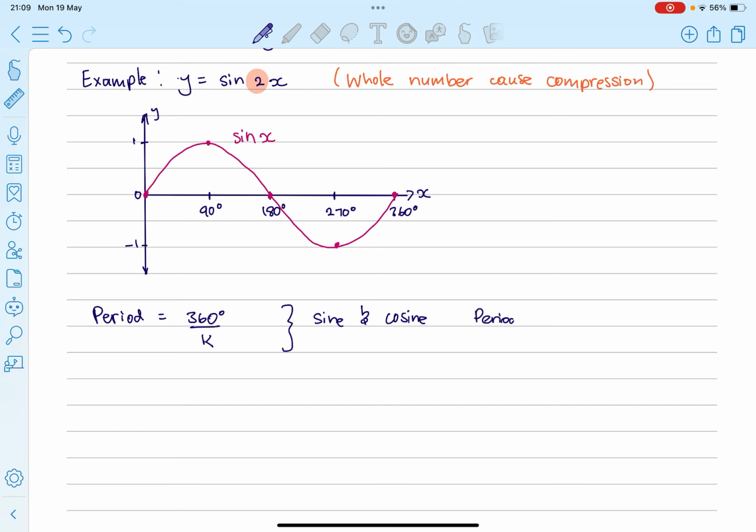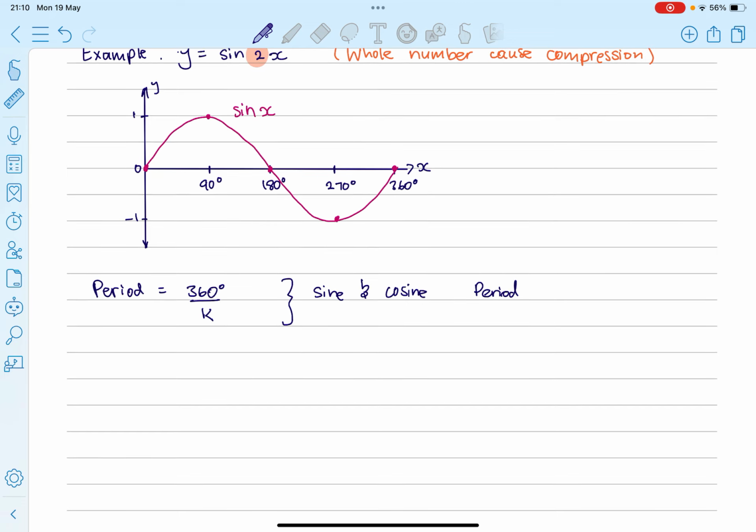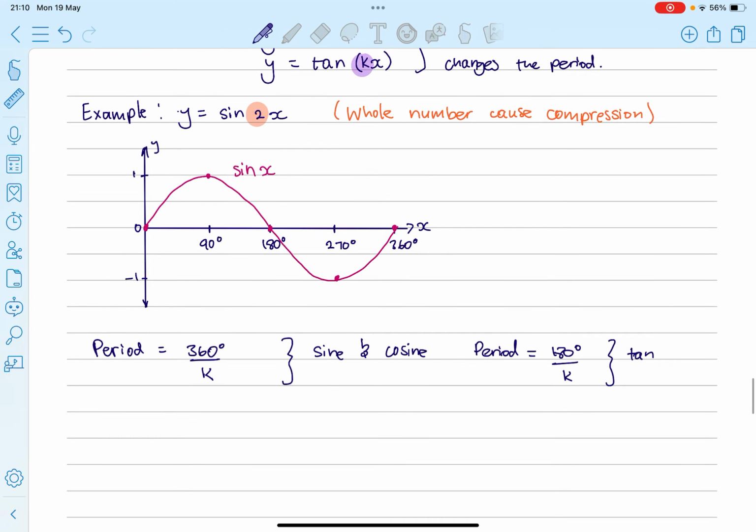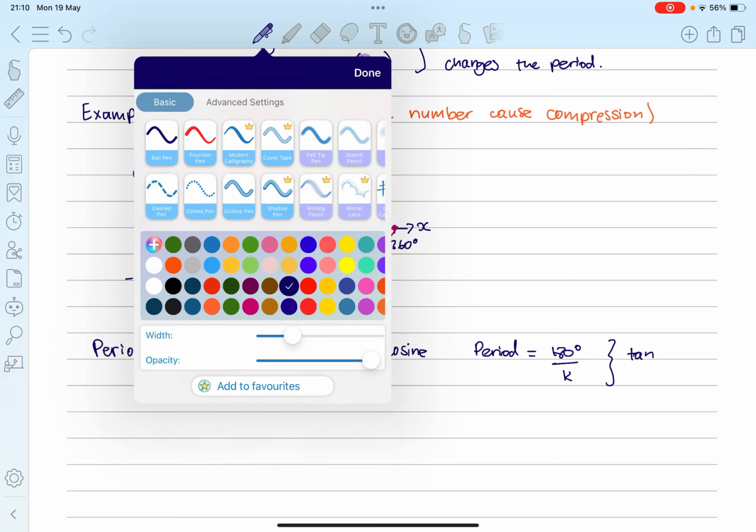And then for tan, you use a slightly different equation. Its period is 180 degrees divided by k, and this is for the graph of tan. And this is because tan has a period of 180 degrees. So we are currently looking at the graph of sine.